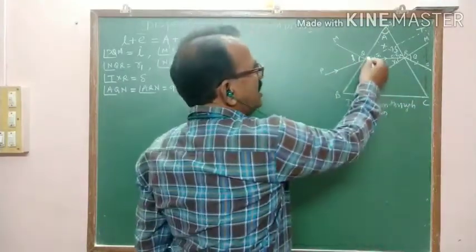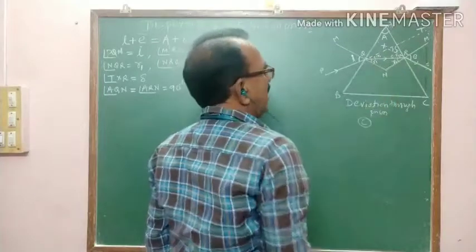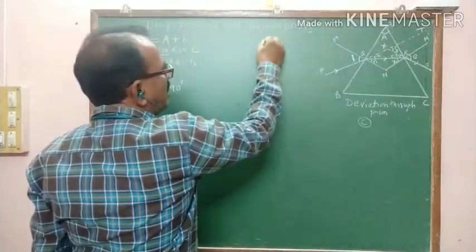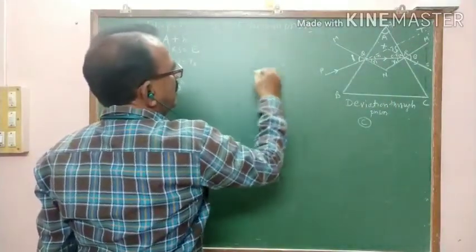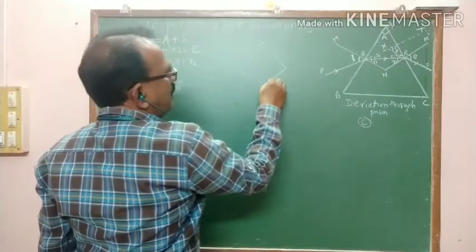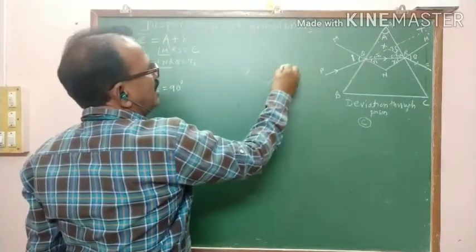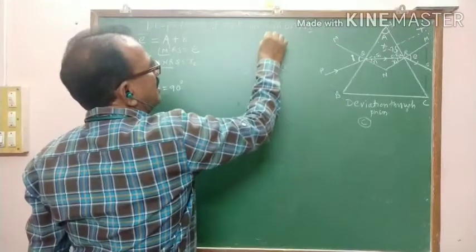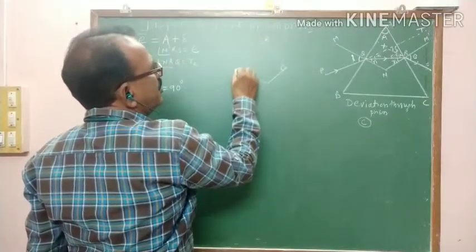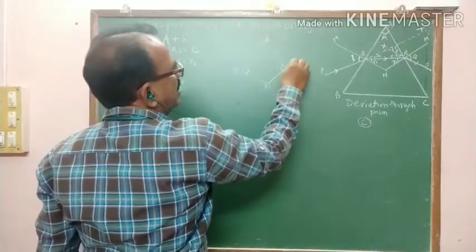So these two angles are 90. I will draw the quadrilateral like this: here this is 90, this is 90. Here this is A, here is Q, here is N, here is R.